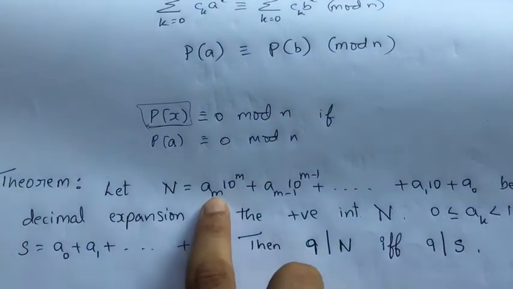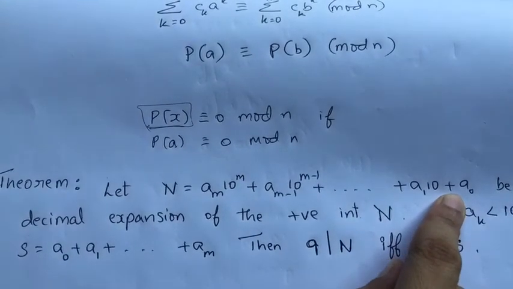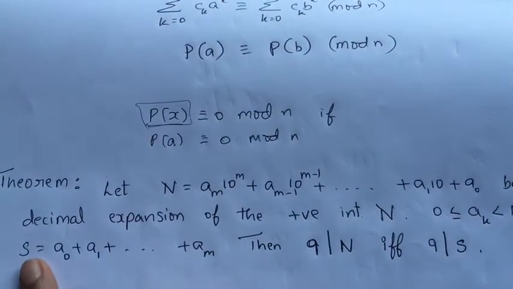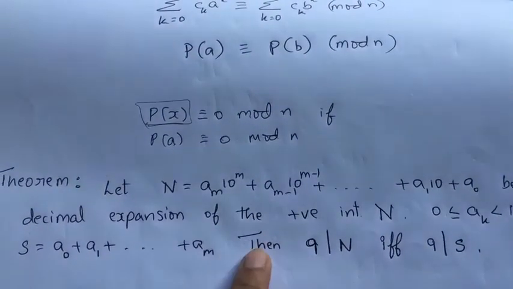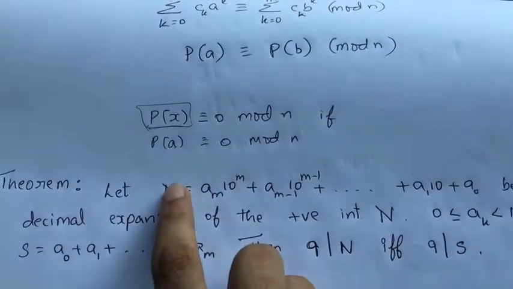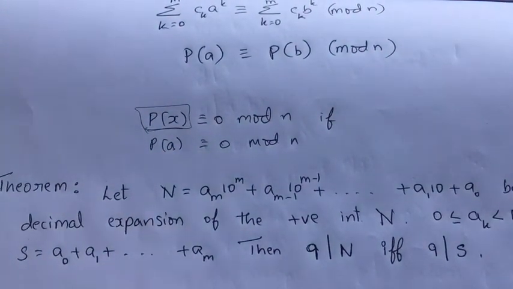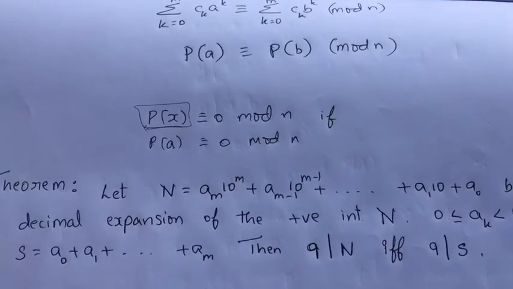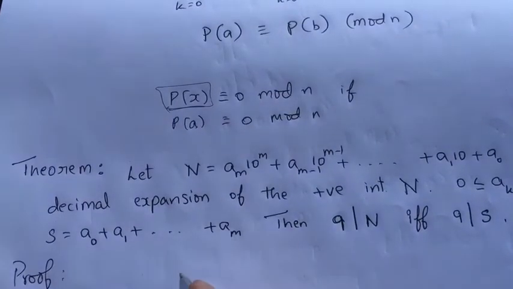Let n have this decimal representation, and s is nothing but the sum of the coefficients. Then 9 divides n if and only if 9 divides s. So let us see how it is. Now we know the polynomial function.